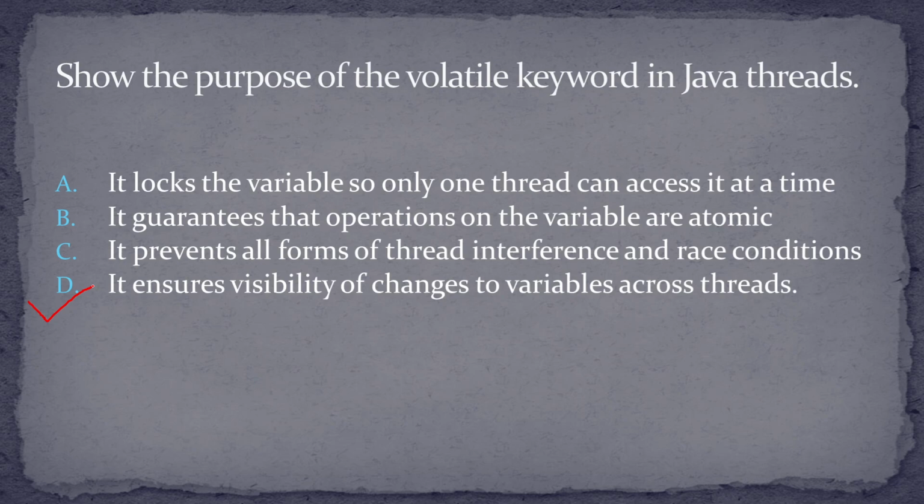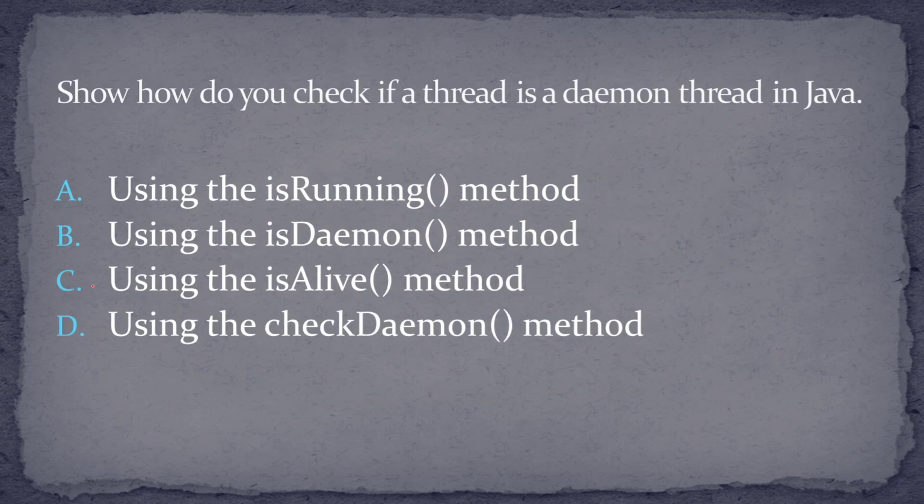So that is option D. The purpose of the volatile keyword is ensuring visibility of changes to variables across threads. Okay, so this is the next one, which asks how do you check if a thread is a daemon thread in Java? The very easy thing is using the isDaemon method.